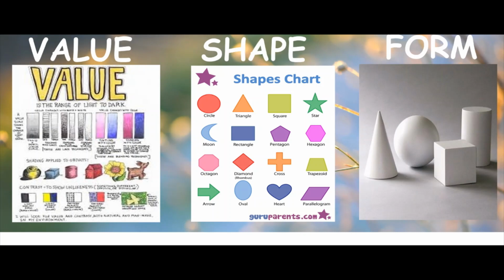Now let's go to form. Form results when shape acquires depth and becomes three-dimensional. Most of the common forms we see around include cubes, spheres, pyramids, so the pyramids of Egypt, and cones, like the cones that we use for ice cream.